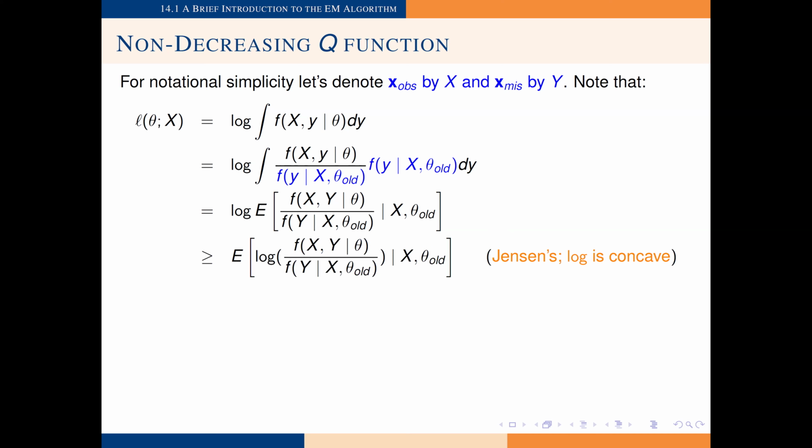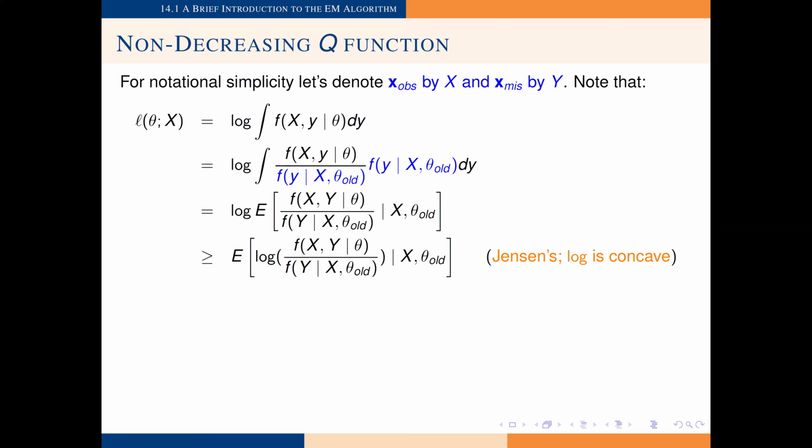All right, so now I want you to remember something you learned in Stat 410, which is Jensen's inequality. It says that for a concave function, such as the log function, the function applied to the expectation is going to be larger than or equal to the expectation of that function, right?